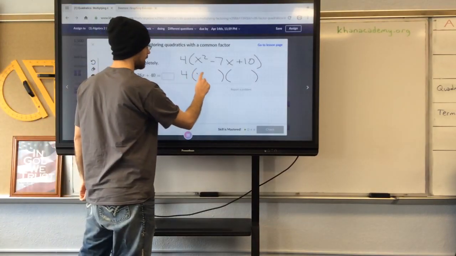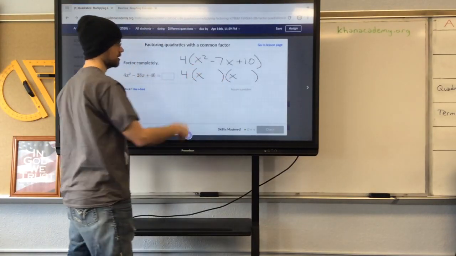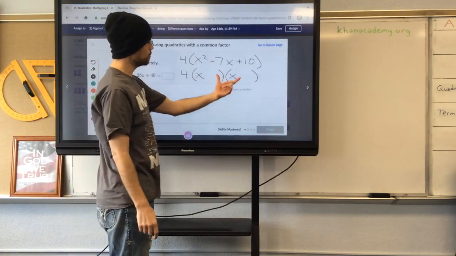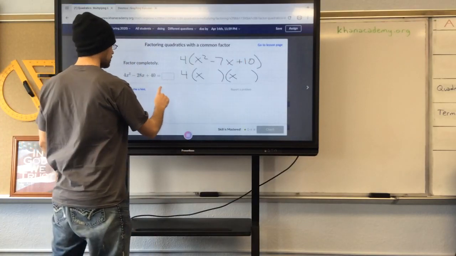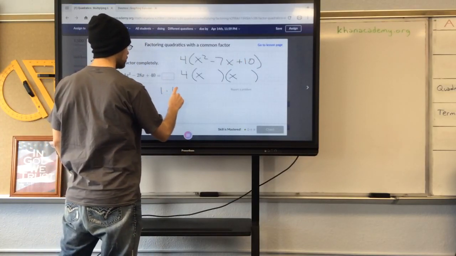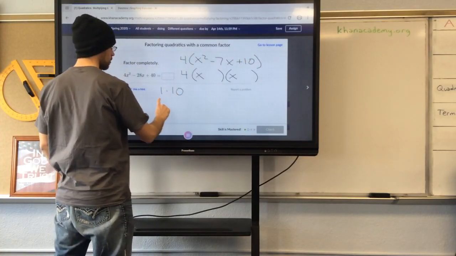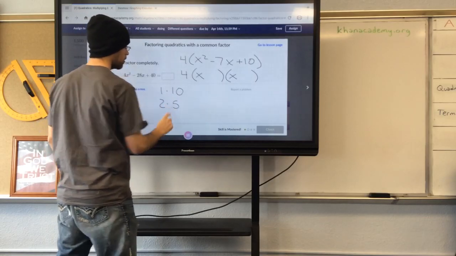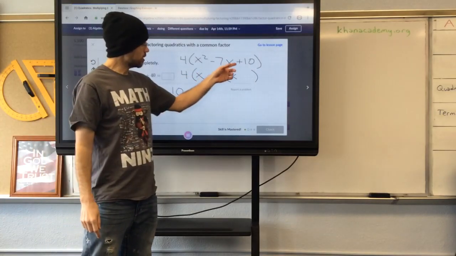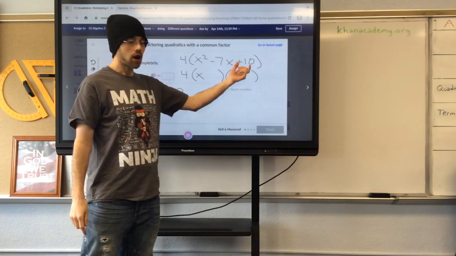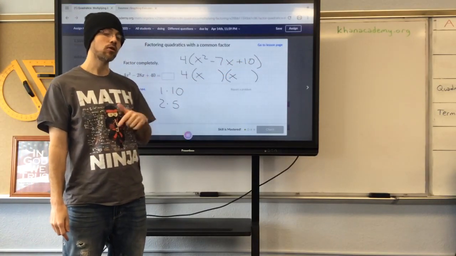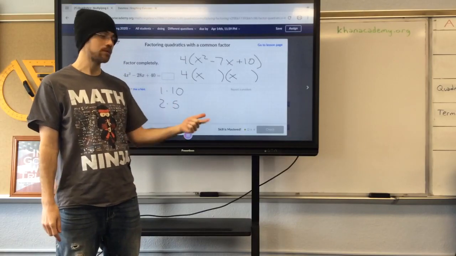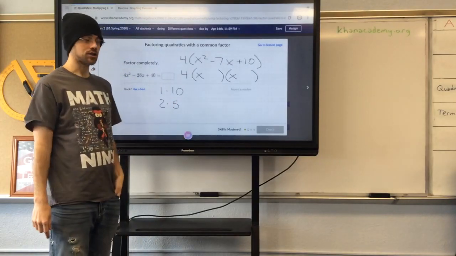So we get x times x is x squared. We need 2 numbers whose product is 10. Okay, so 10 can be made 1 times 10 or 2 times 5. We look at our sign and we see a positive product, which means I'm either multiplying 2 positives or I'm multiplying 2 negatives. Negative times a negative is a positive.